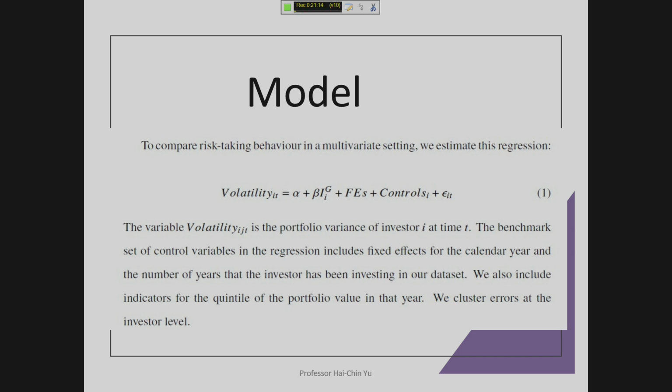So this is the portfolio volatility, control for the investor, green bond, investor type, and other fixed effect and the control variables. So this is a very basic empirical model.